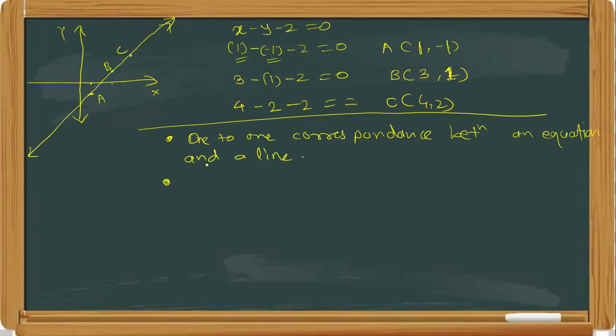For each unique line, there is an equation associated with it, and vice versa. For each equation, there will be a unique line that you can draw on the XY plane, the Cartesian plane.